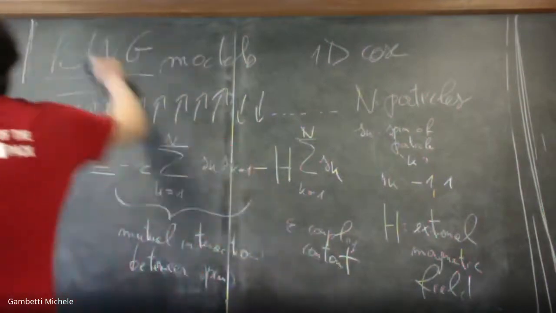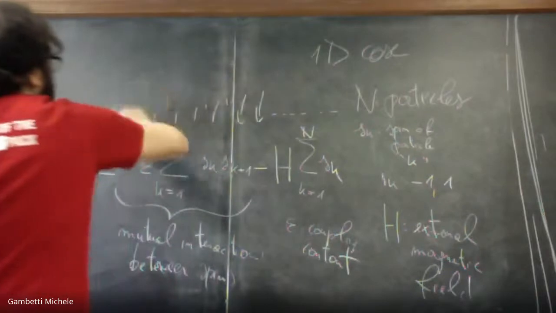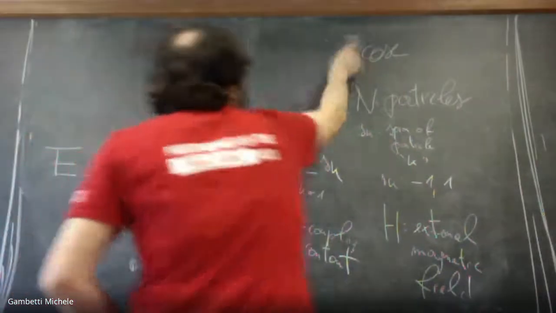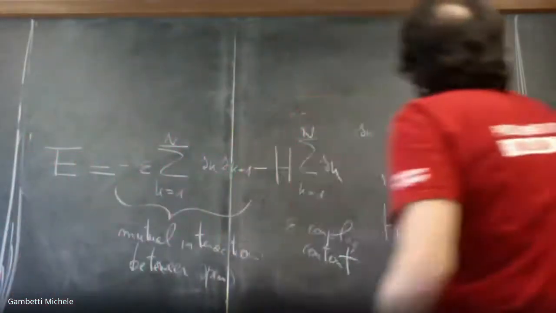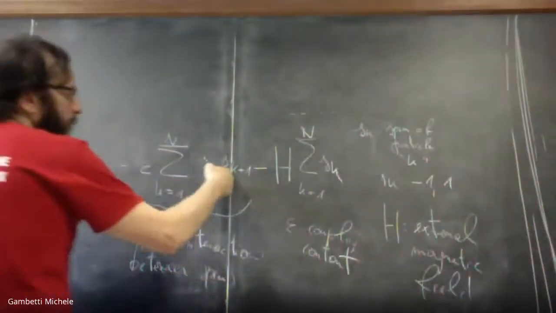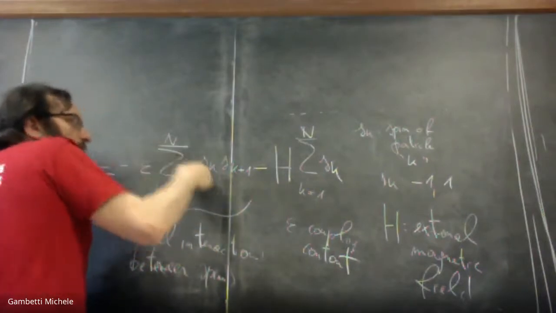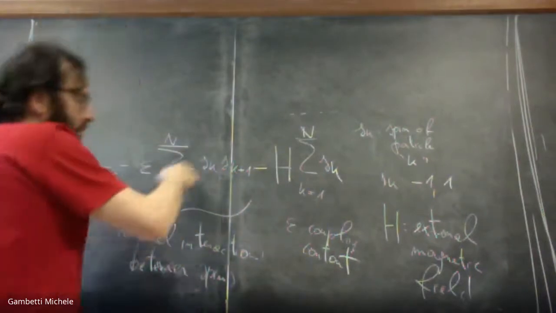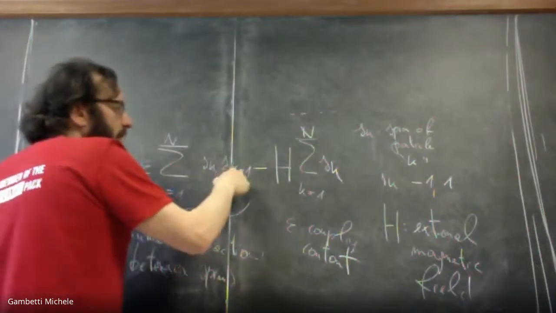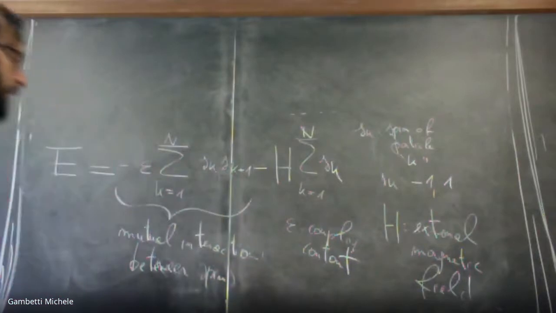Now, this is a linear chain that, of course, will have some boundary effect in the sense that the first one couples with the second, but there's no previous one to which you can couple, and the same is for the last one, no?